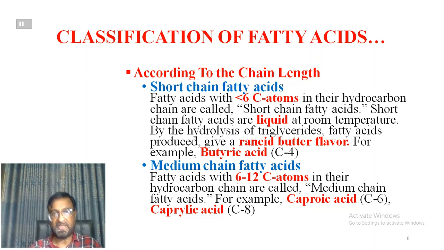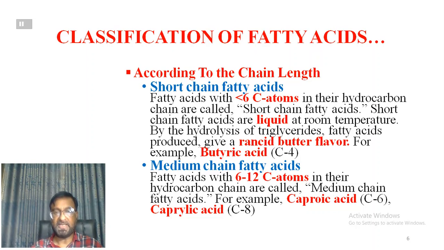So short chain fatty acids are liquid at room temperature due to their melting point. By the hydrolysis of the triglyceride, the fatty acid produced gives a rancid butter flavor, for example, butyric acid.